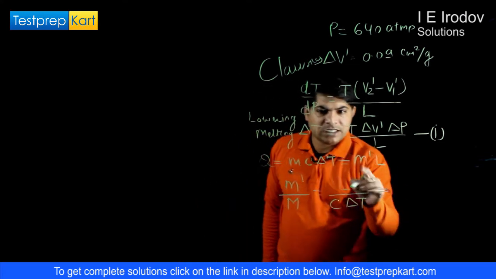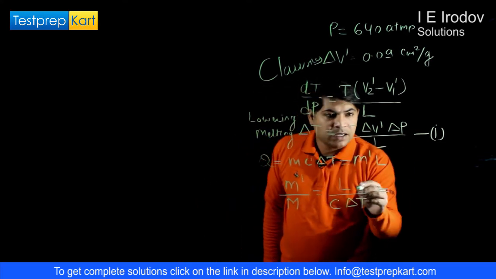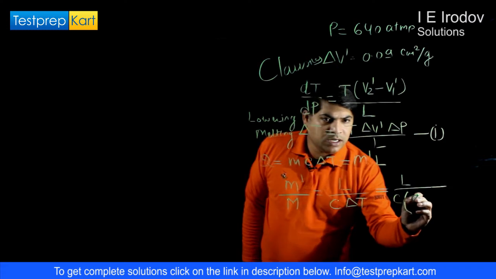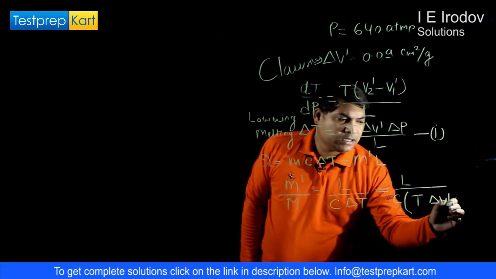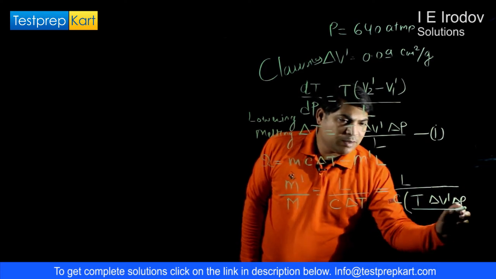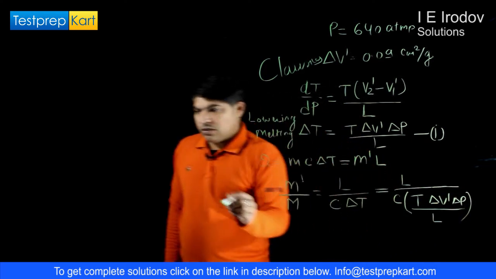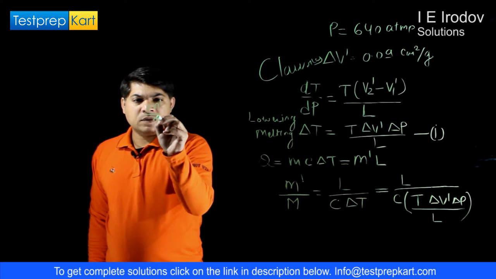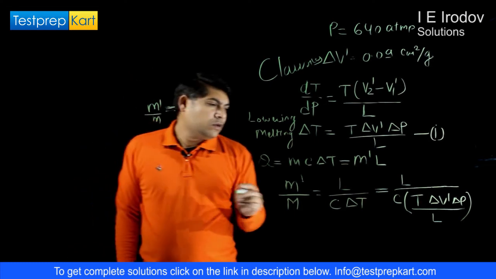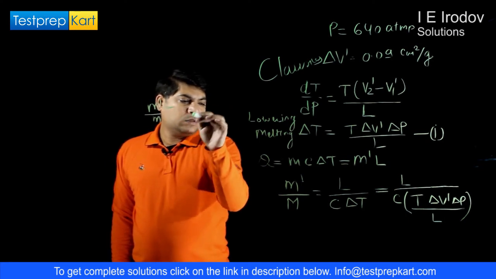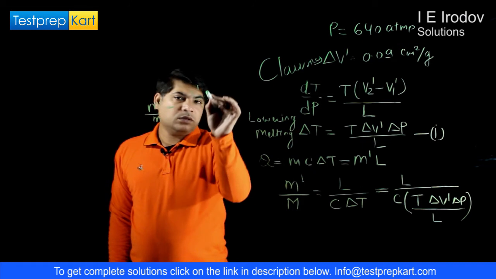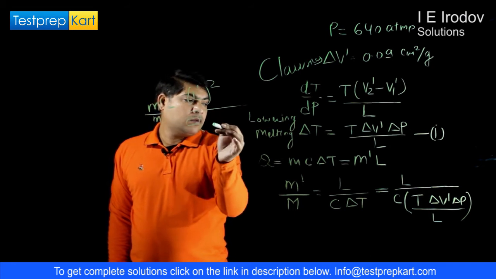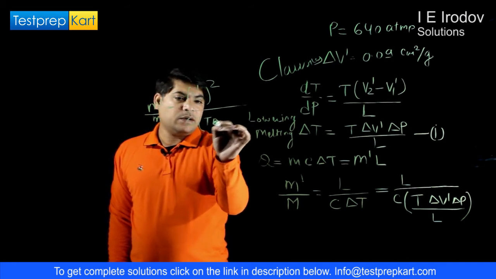If we substitute delta T from equation number 1, then we get C over L into T into delta V' into delta P divided by L. So our change would be m' over m equals C T delta V' delta P over L squared.